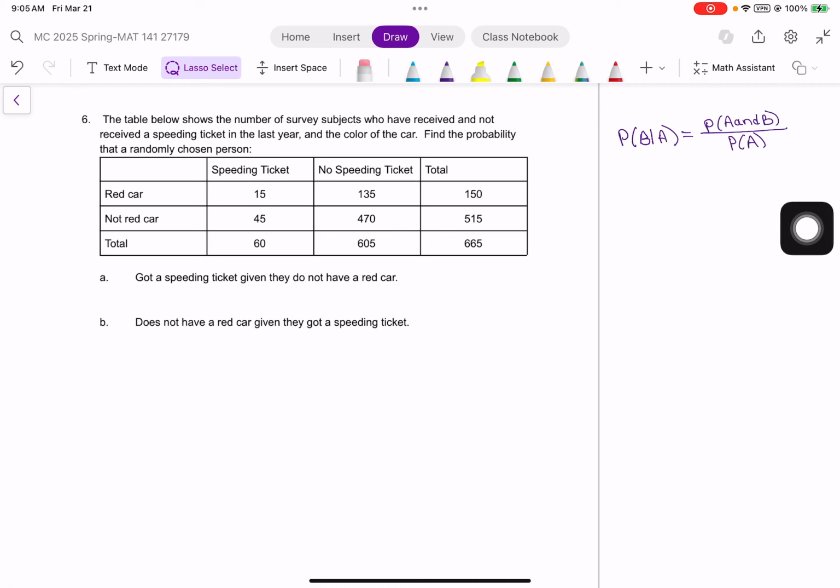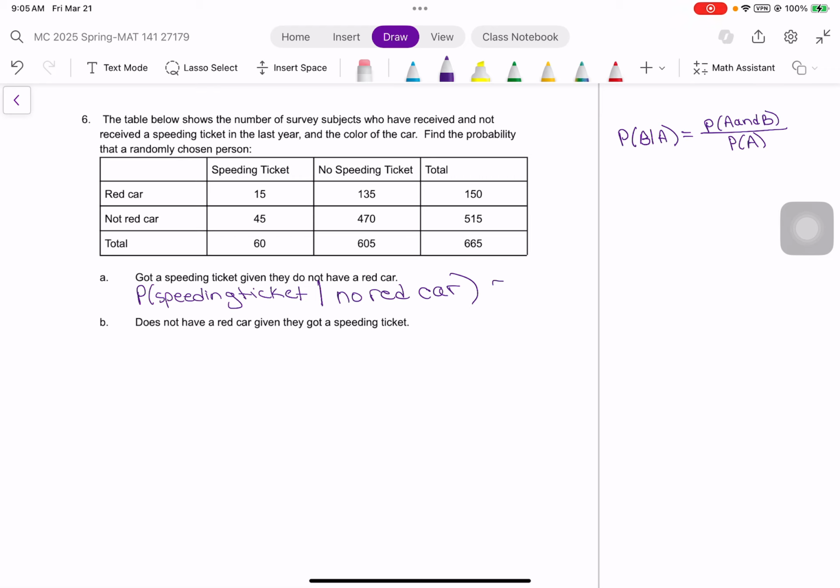So now that you understand how to use the table, we're going to write our probability statement so it'll help us with this formula. So the probability they got a speeding ticket given no red car. Okay, so that's the problem we want to do.